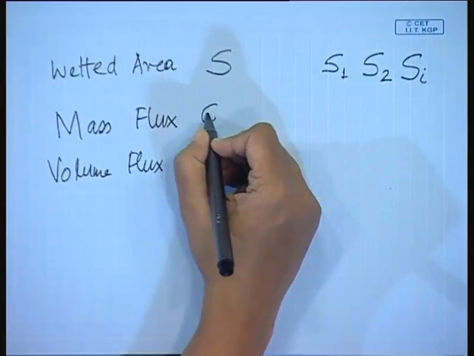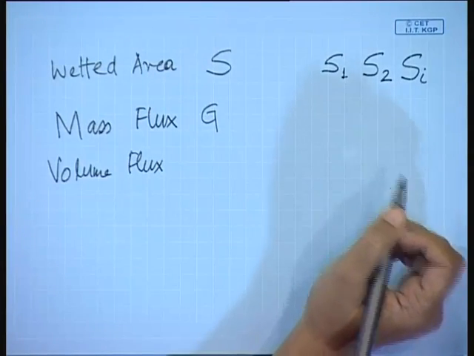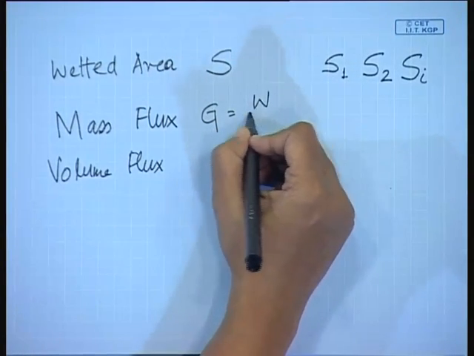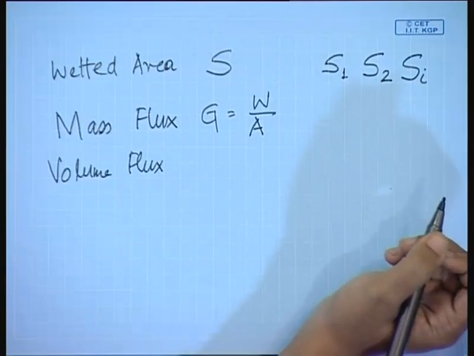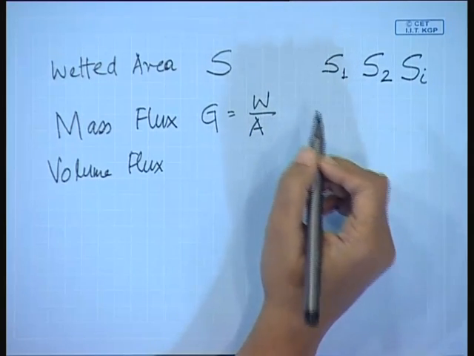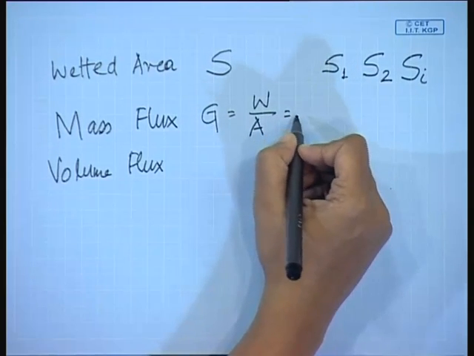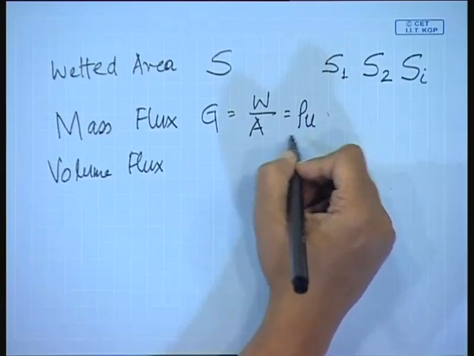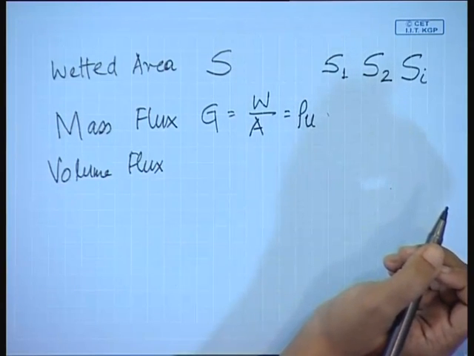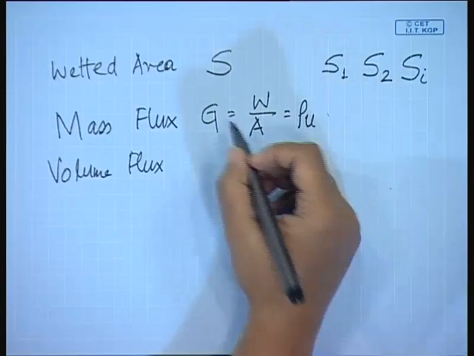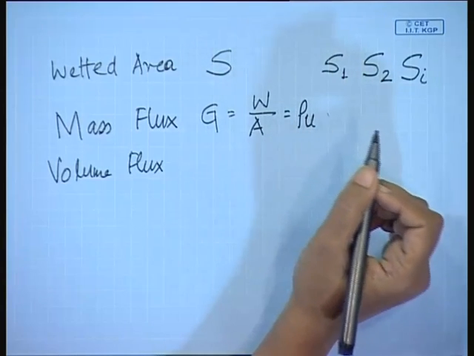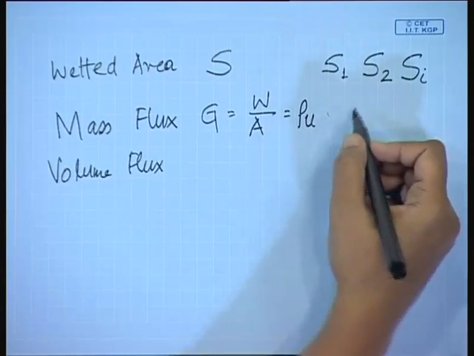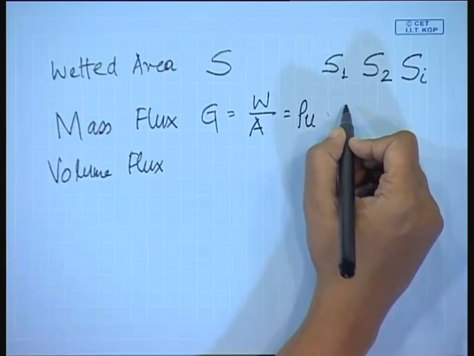So, therefore, mass flux we denote by capital G, nothing but W by A. What is W? In terms of velocity if you write, then this is going to be rho into u into A by A. So, therefore, G equals rho u, isn't it? This relationship is also quite important, we are going to use it quite frequently. In this particular case, what do we have?